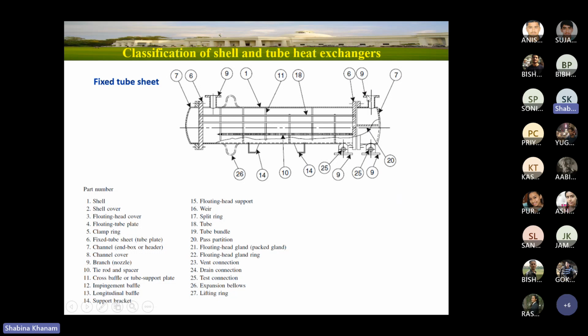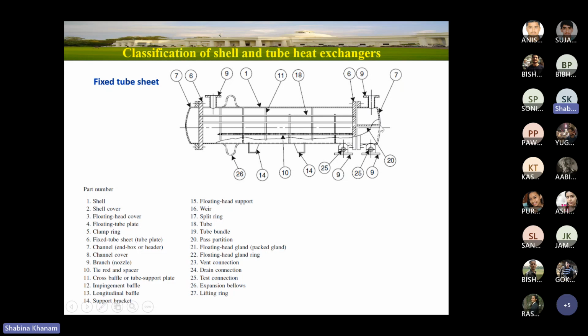So what will happen, the fluid in the tube enters from here, and it will enter the tubes available in this region, only half the section. So whatever number of tubes you have calculated, you will keep half of the tubes in this section of the tube sheet, and half of the tubes will be available in the other section.